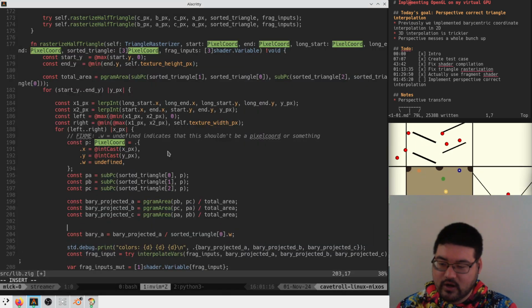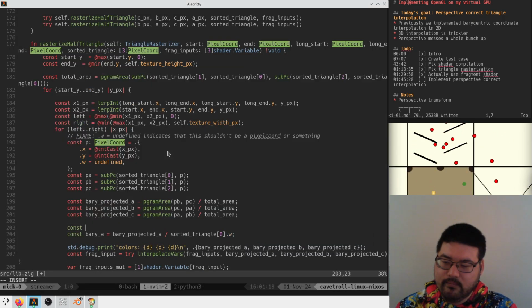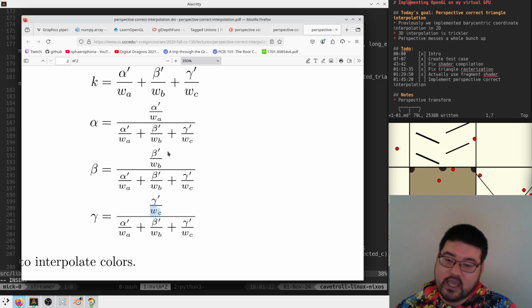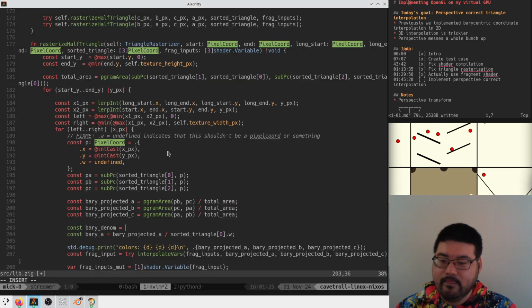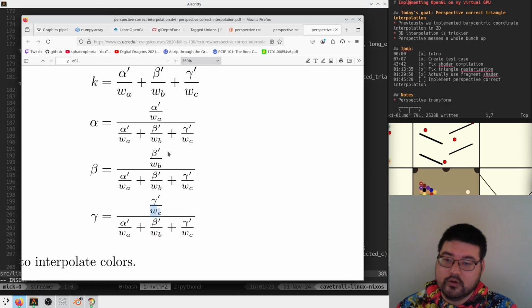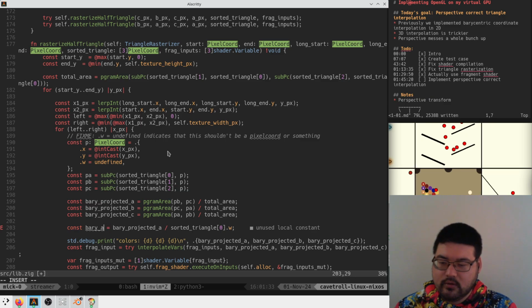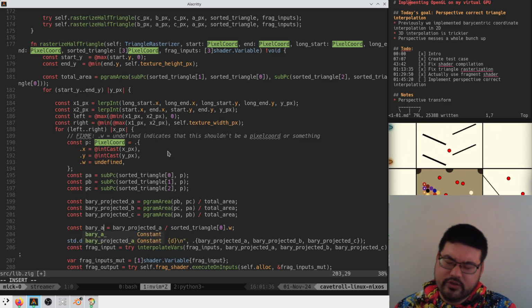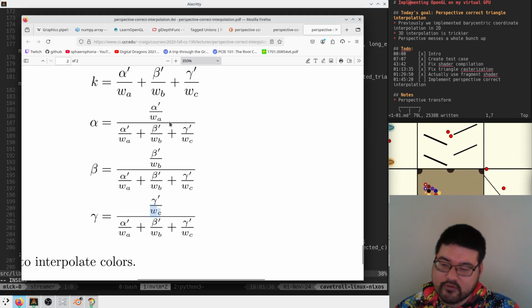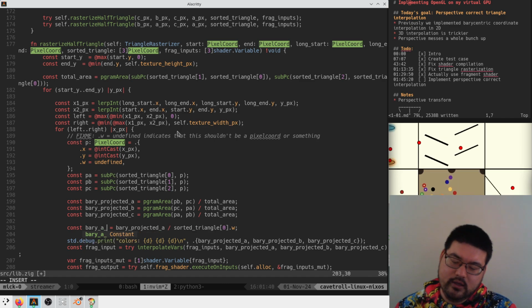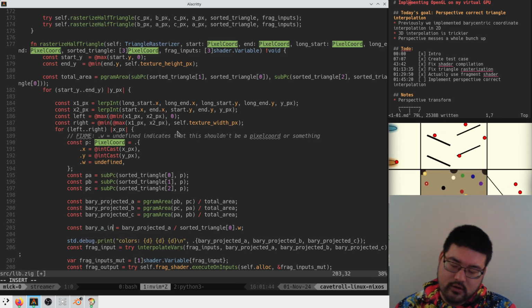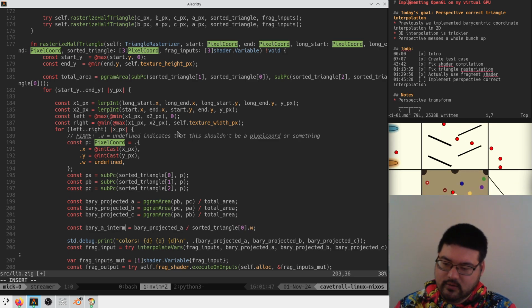Divided by Bary denominator. So this is A prime over WA. We'll call this, we need a name for this thing. This A over WA, Bary A. We need some word for intermediate.